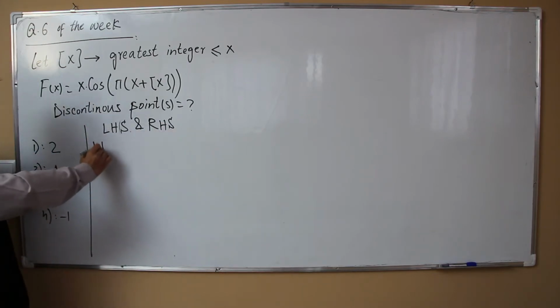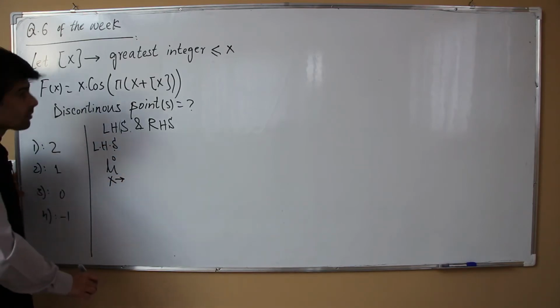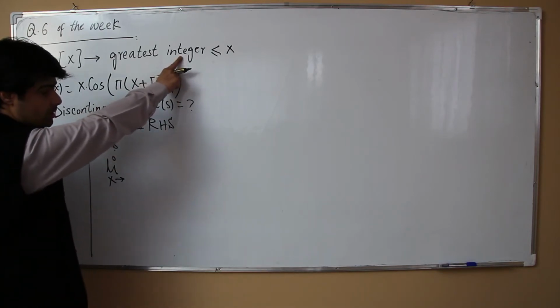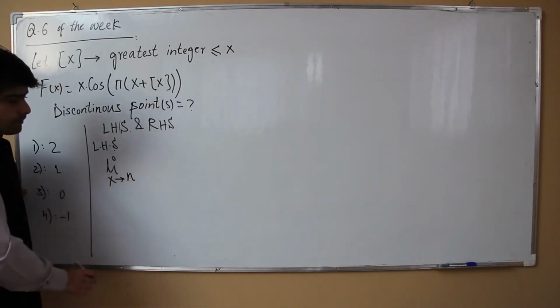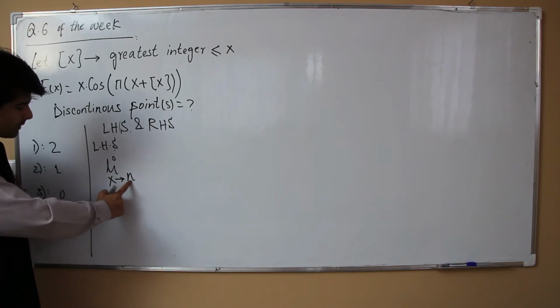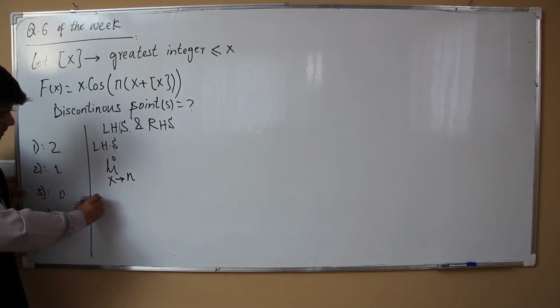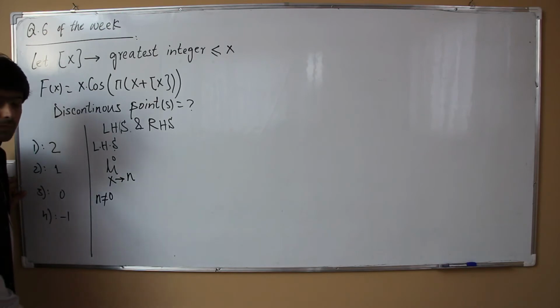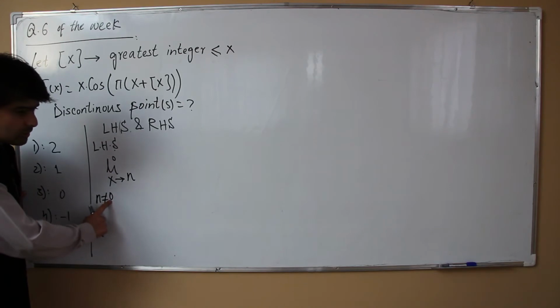For the limit, x approaches a number which should be an integer. You can select one integer from minus infinity to positive infinity. Suppose n is an integer not equal to 0.